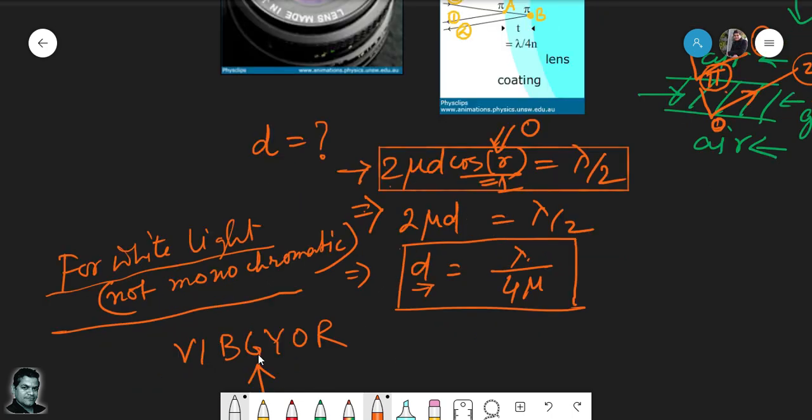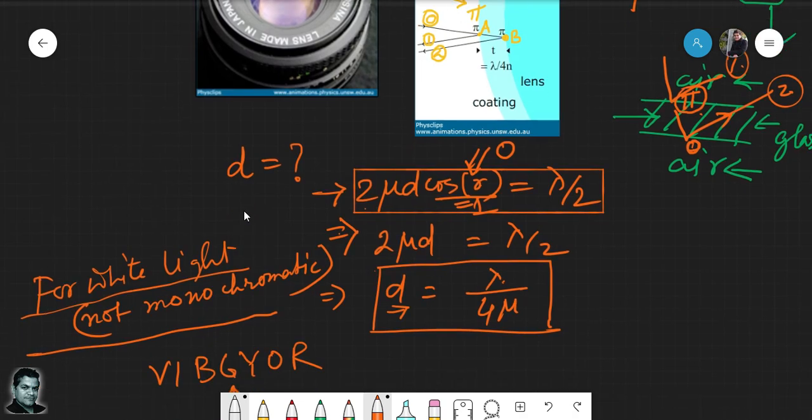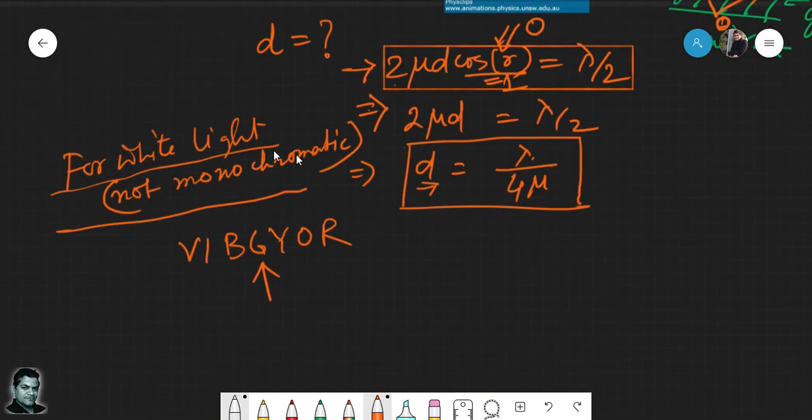So if it is non-reflecting for the green light, then we should not see the green light reflected. So okay, first thing, we don't see any green here. Then why do we see the violet or blue violet color here? That explanation would be like this. Here we have assumed that there is a normal incidence of the light, but let's say it's not normal, it is incident with some angle with respect to the coating.